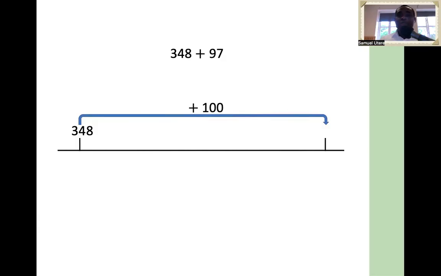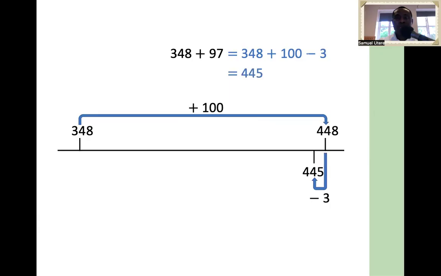And then when we finish, we'll subtract 3 because we were actually asked to add 97. But we've added 100, which is 3 more than 97. Okay? So if we do that, we'll get 448, but then we need to subtract 3, which will give us 445.